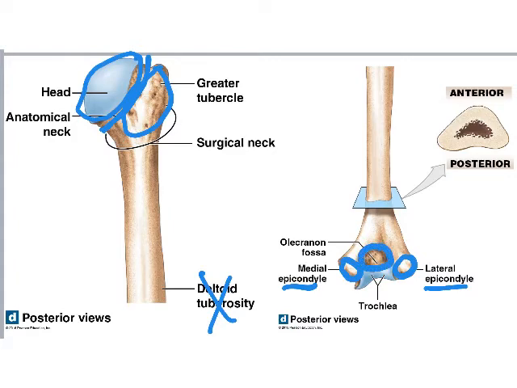And it's called the olecranon fossa. You'll have to know that term. It's called the olecranon fossa because the olecranon of the ulna fits in there to form the elbow joint. And so when you look at the point of your elbow, the point of your elbow is actually the olecranon of the ulna. And we'll see that in some pictures here soon.